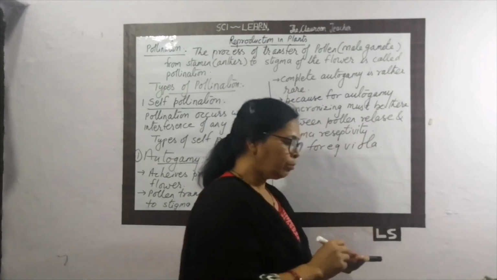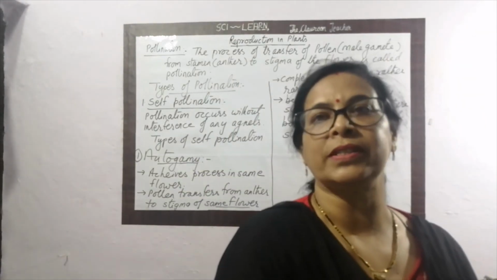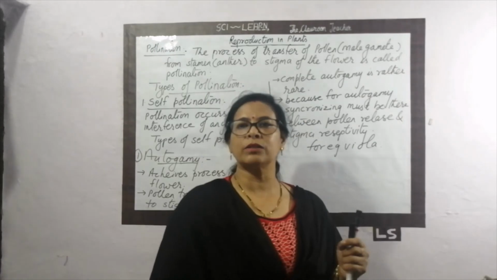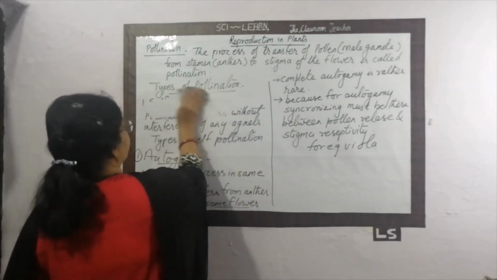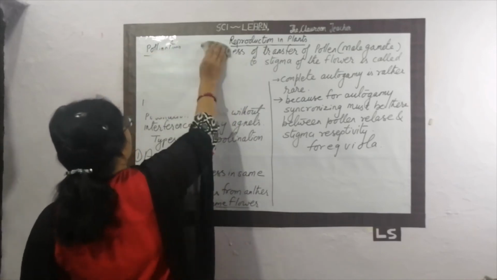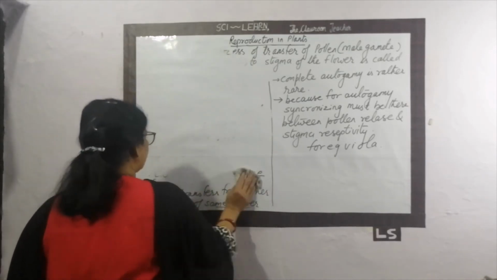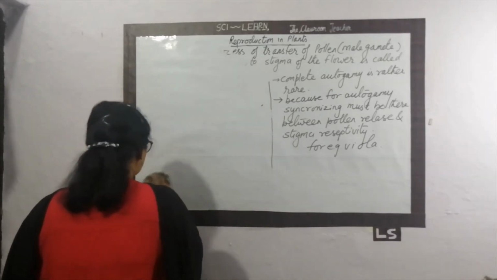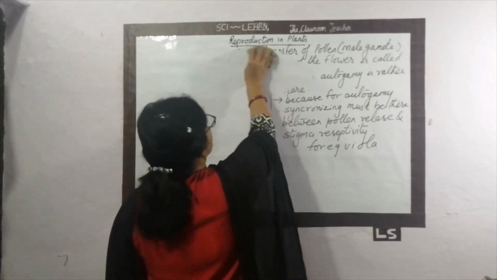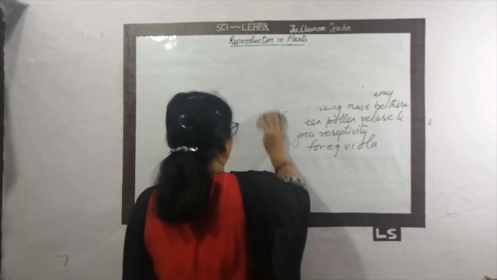Okay. But one very interesting pollination is present in one plant that is called the COMMELINA. What happened in the COMMELINA? COMMELINA actually has two types of flowers. Two types of the flower. It means in the same plant they bear two types of flowers.